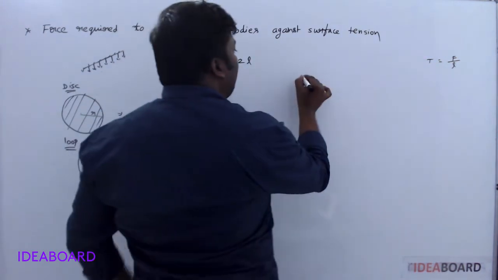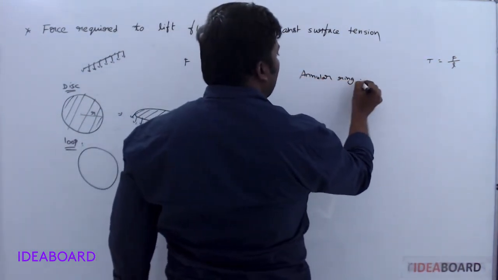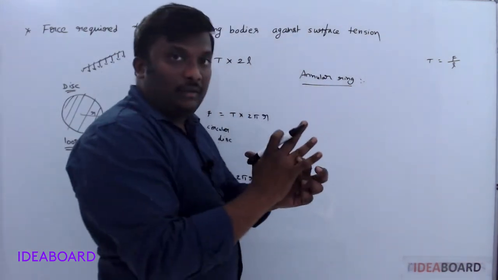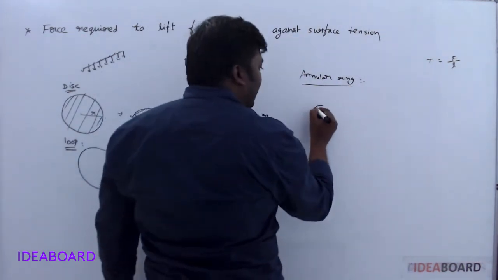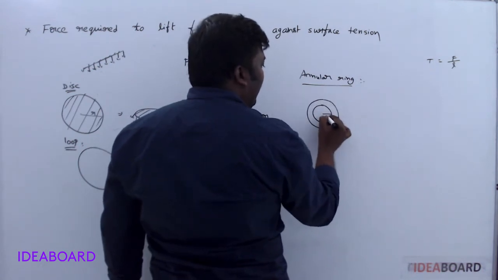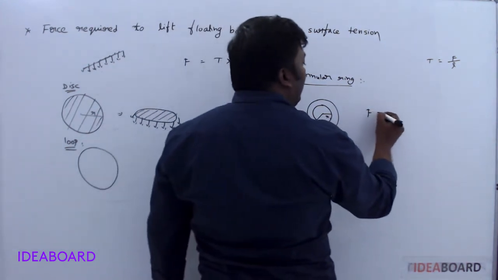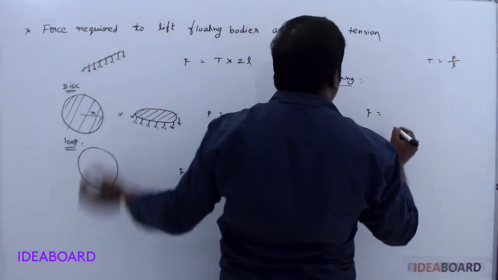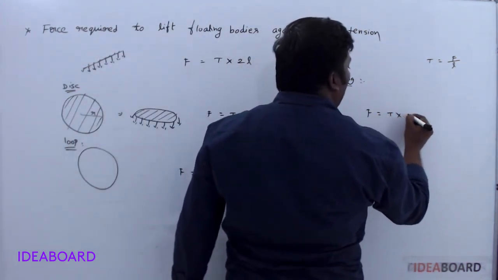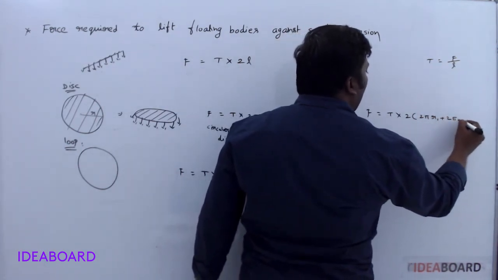Now, suppose we take one annular ring, a finger ring. It has some radius r1 and it has some radius r2. Then the formula for the force required to lift the floating body is T into (2 pi r1 plus 2 pi r2).